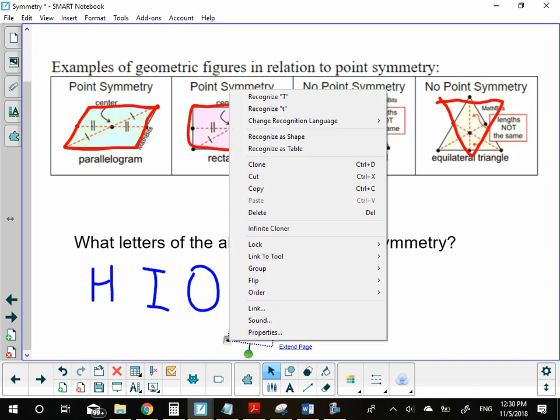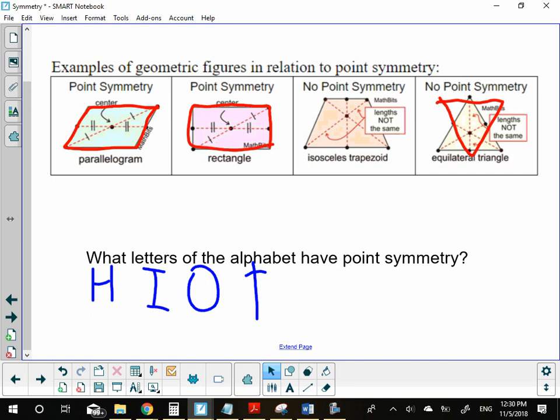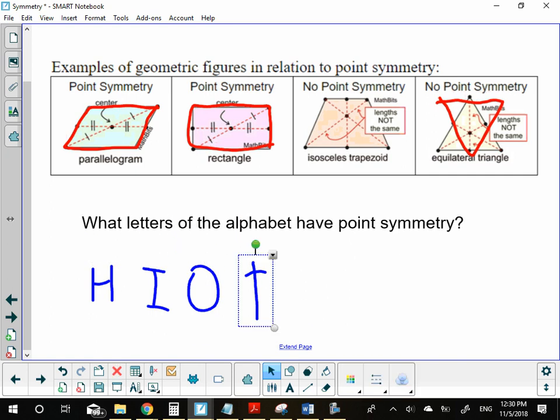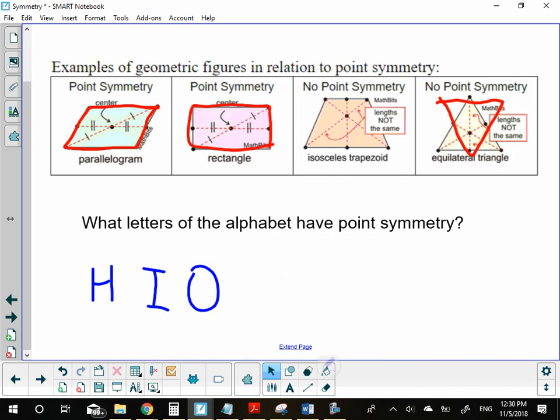No. Lowercase t. Still not quite going to work. And T's are supposed to be a little bit higher than center. What else? X. X works.